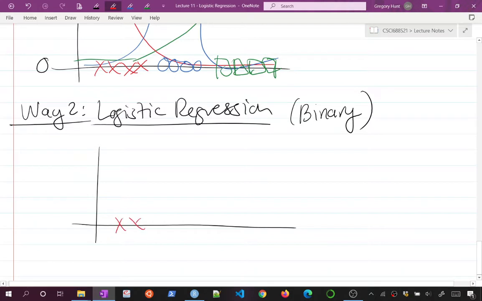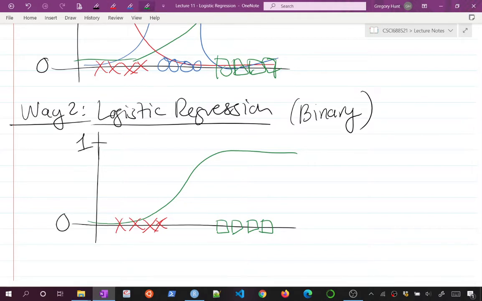But here, if I have my red x's here, and I just have in some other class where my training data looks like green squares there, you could imagine fitting my delta green to be some kind of what we call sigmoidal function that is close to 0 over here, close to 1 over here.